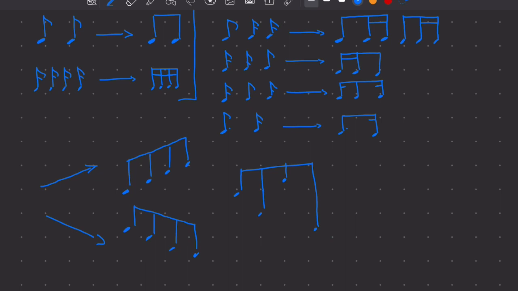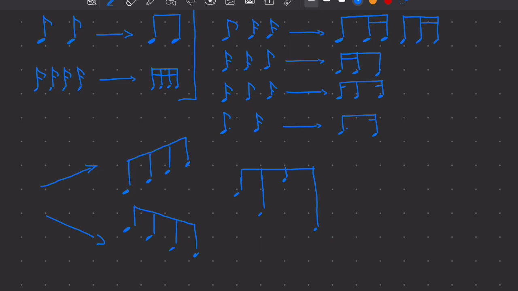Actually, this one is a little bit sloppy. Let me redo that one for you. I would probably need to make sure that my stems are nice and neat, and I'm going to make sure that it's fairly flat across the top.